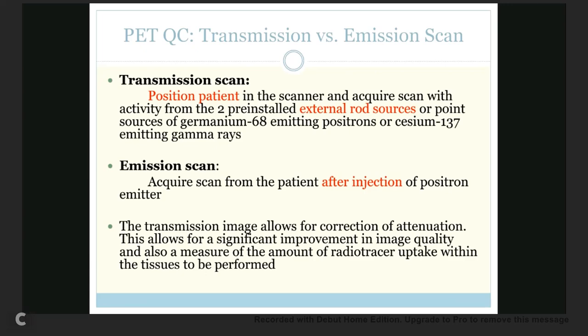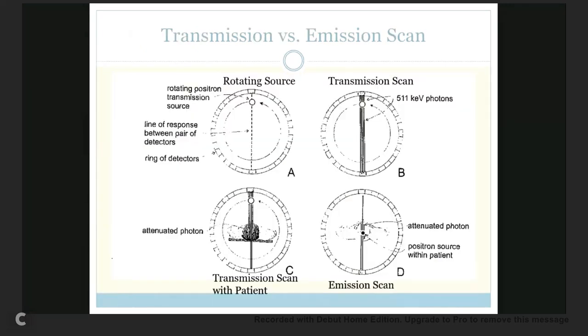All right, ready? So now here's the difference between your transmission versus your emission scan. You have your rotating source, going like this. Rotating positron emission source, the line of response between a pair of detectors, and these are your ring detectors. Here is your transmission scan of 511 keV photons, going to the actual detectors this way or that way.